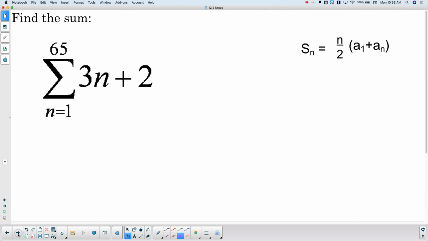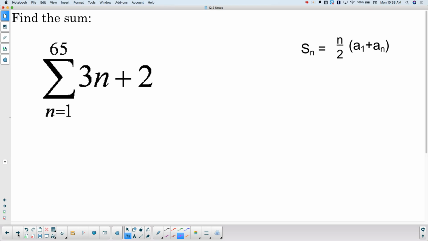Okay, let's utilize sigma notation. Sigma notation automatically makes it a series. Sigma is not used for a sequence. Sigma is only used for series. So you are finding the sum. Anytime you see the symbol sigma, that means you're finding the sum of whatever it is.